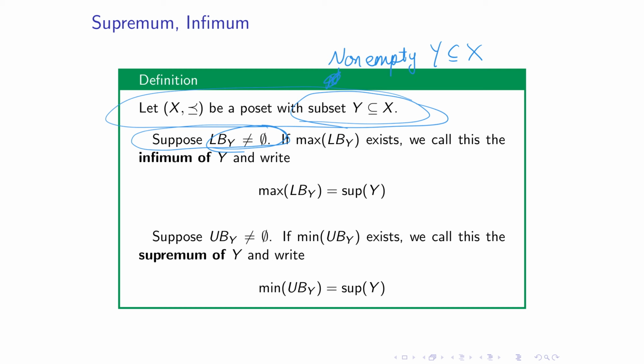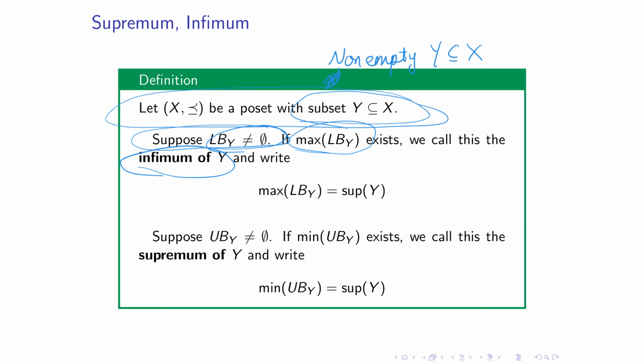So this Y has some lower bound. The best lower bound, if it exists, is the maximum of the set of lower bounds. And this we call the infimum of Y.